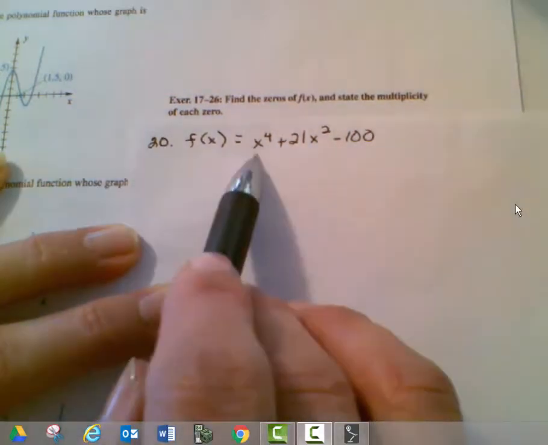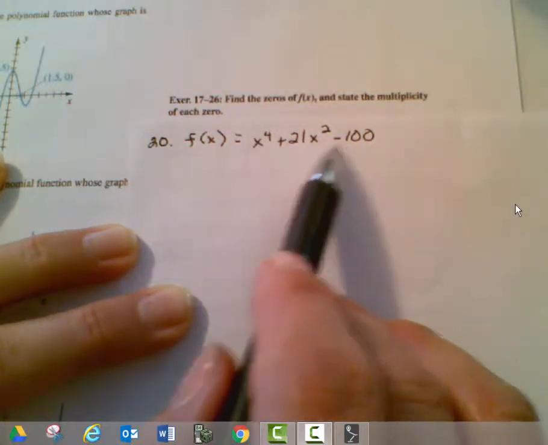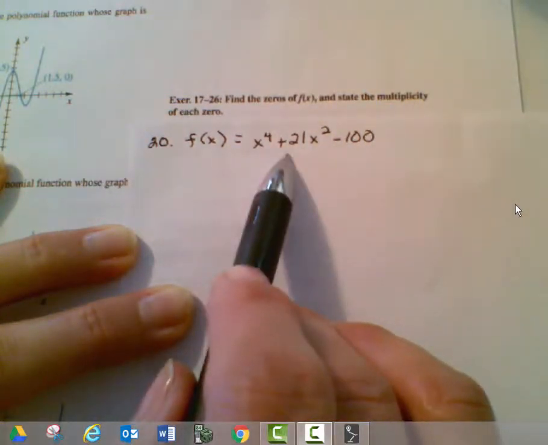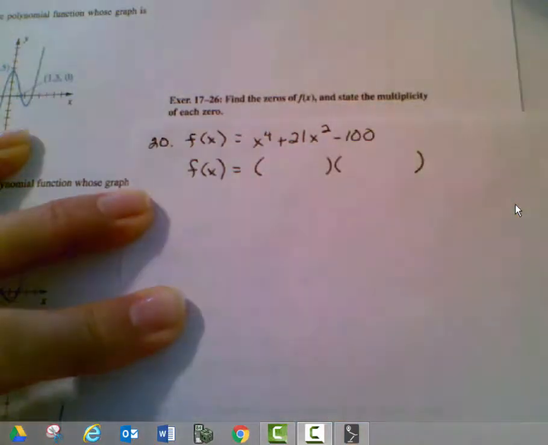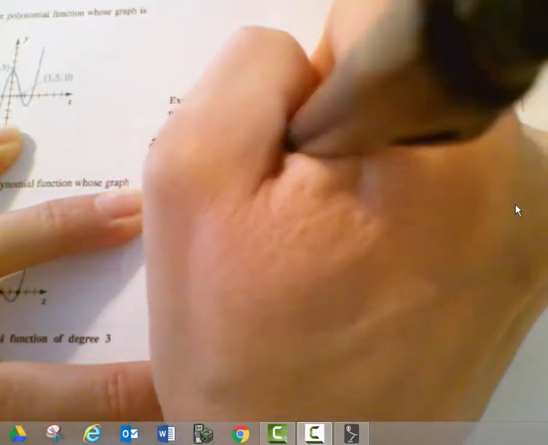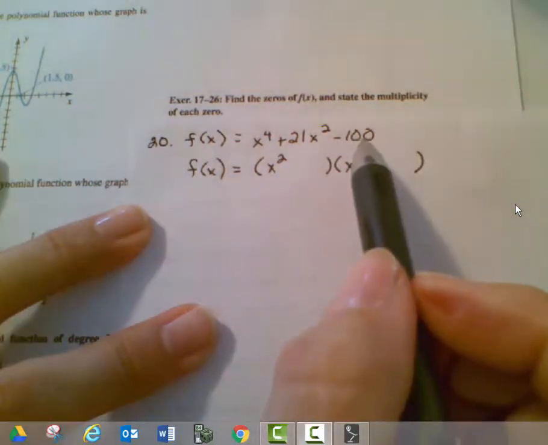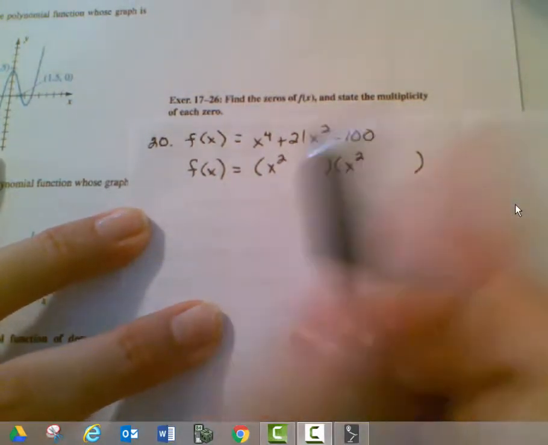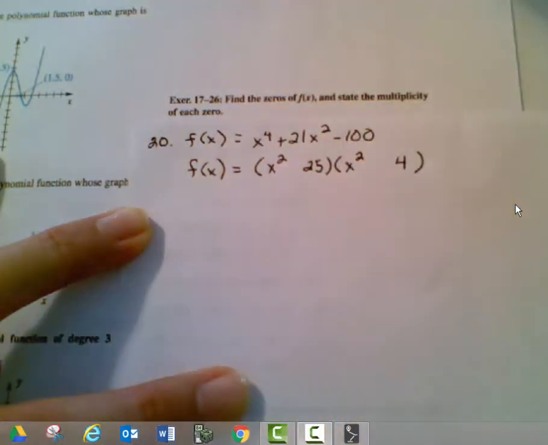It's a 4th degree polynomial, but there are factors of 100 that have a difference of 21. So I'm just going to try to factor that. The x to the 4th has to be x squared times x squared. The factors of 100 that have a difference of 21 are 25 and 4.